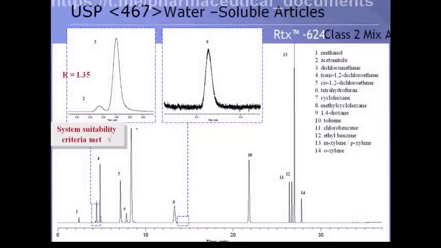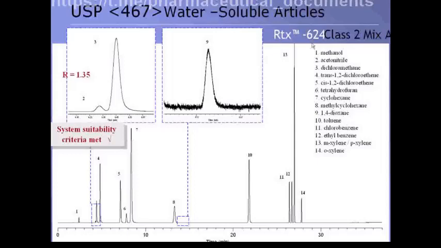If we look at the Class 2 Mix A, which is the next test solution being tested, there is a major system suitability requirement here, and that is the resolution of acetonitrile and dichloromethane. And those two things I had listed as, I would say, probably the hardest thing in implementing these methods, the most difficult things to do. The 1mm liner helped drastically in this situation.